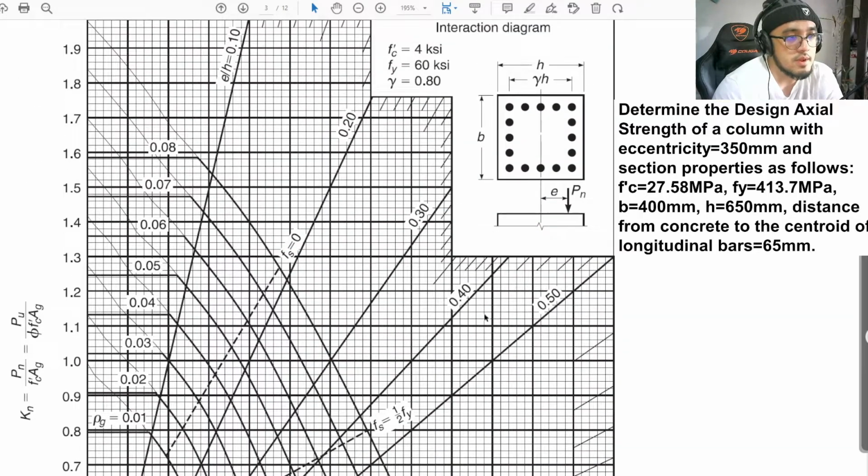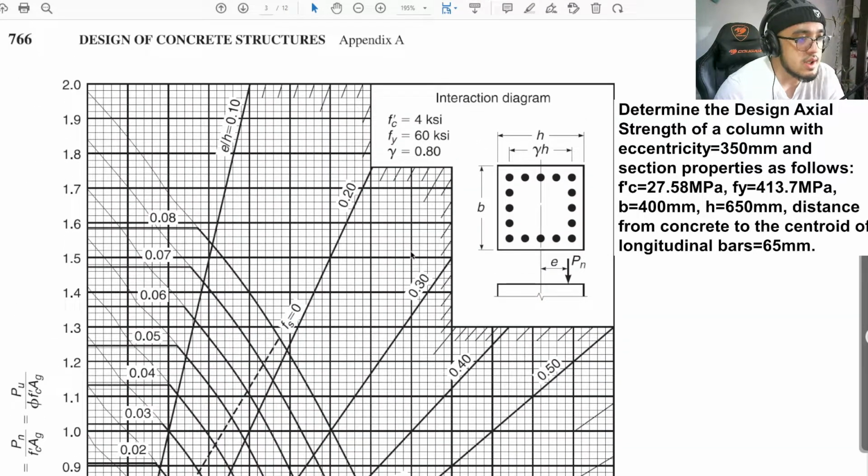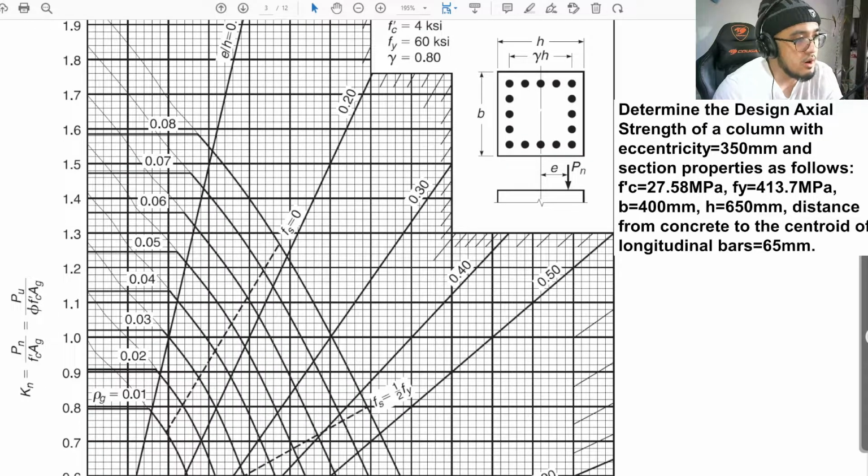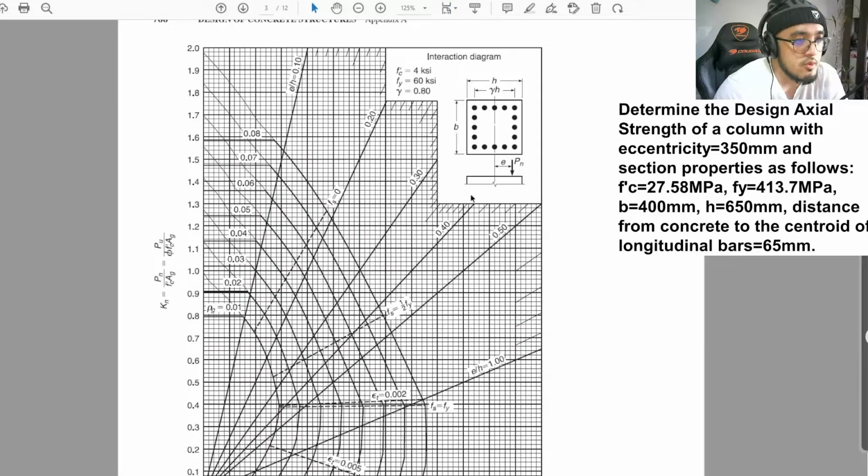Okay, so what are to be the parameters that we should know? As you can see, guys, we have here the value for your E divided by H, and you also have here the value of your rho G. So what we will be doing here is that, let's say that the ratio of your E divided by H is to be 0.1. So we would be making use of this particular line.